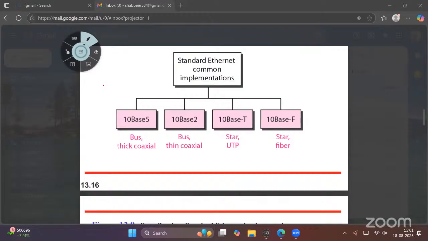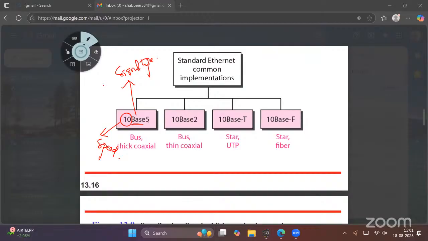So 10 is the speed. 10 is the speed. What is the base? Base is the signal type: baseband signal, broadband signal.